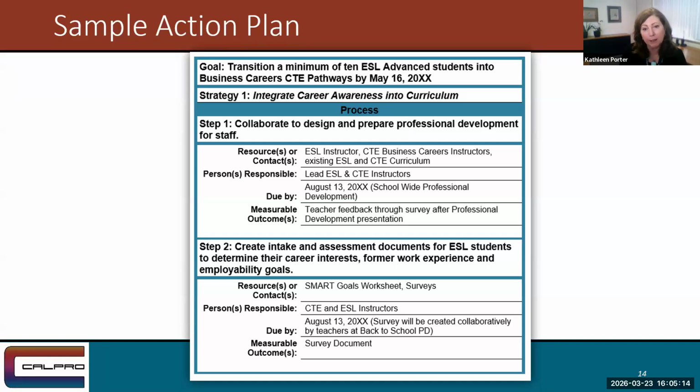Are we taking the vocabulary from business and integrating that into the ESL course? The bottom line is, this is a good start. It's just not finished yet, so it probably needs some more fleshing out.